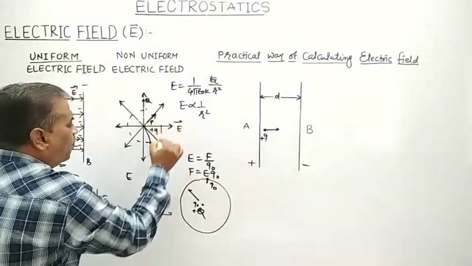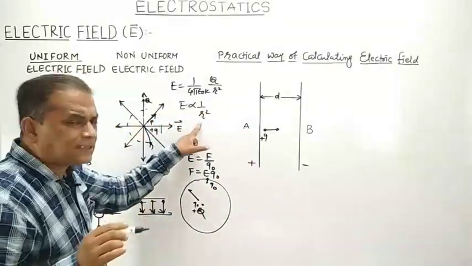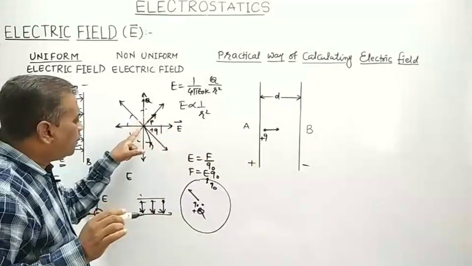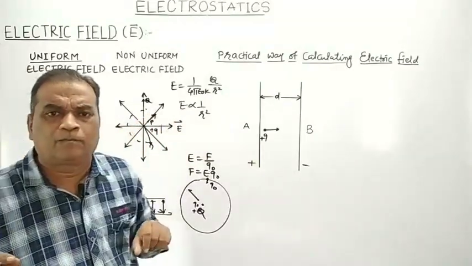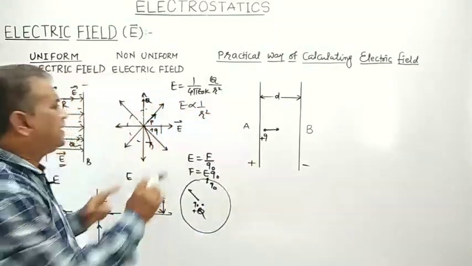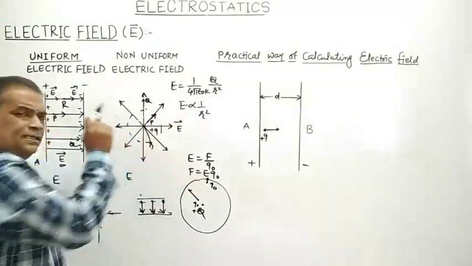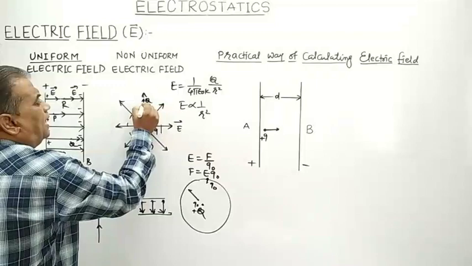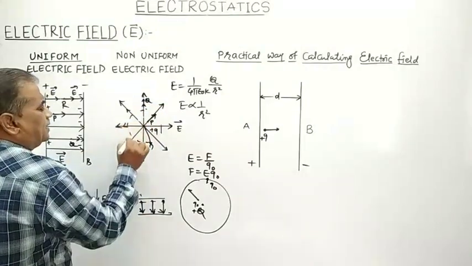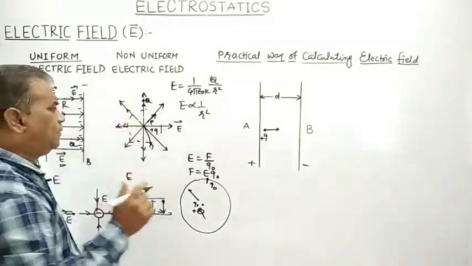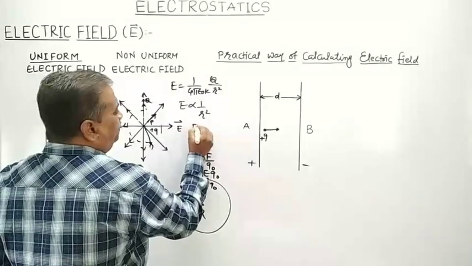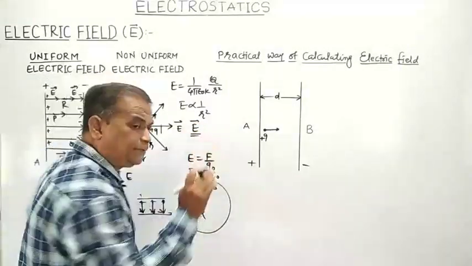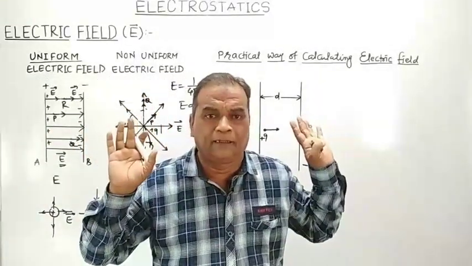So all the points which are at the same distance r from a given charge q, the magnitude of electric intensity is definitely the same, but their directions are different at different points. So that's why we can say electric field intensity is different at different points.